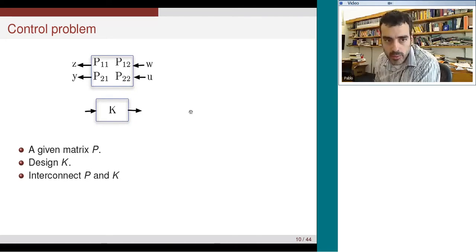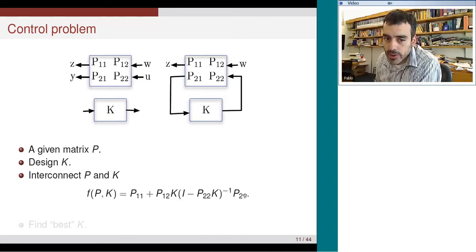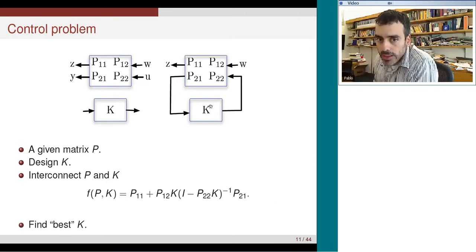So I'm going to interconnect P and K. If you write that interconnection down, there's a nice algebraic expression, which is just obtained by manipulating the matrices. There's nothing fancy here. What we would like to do is find the best possible K, where best, of course, depends on what criterion I use to measure that this is a good controller.